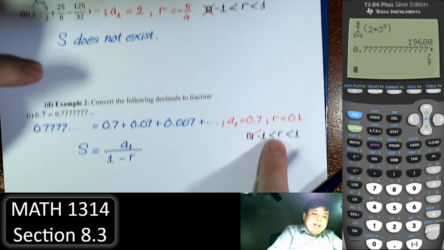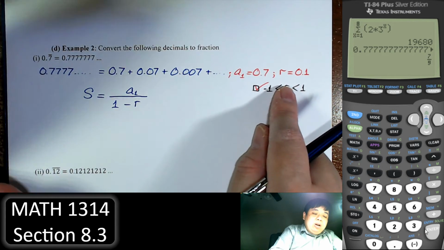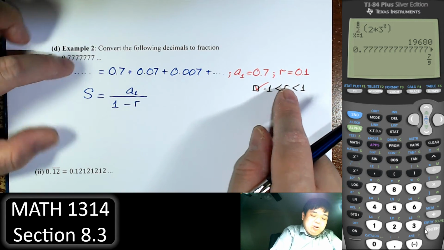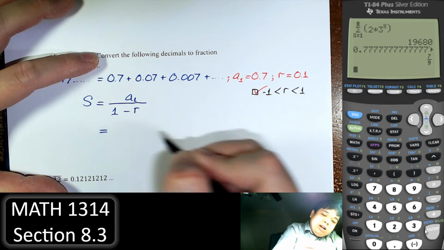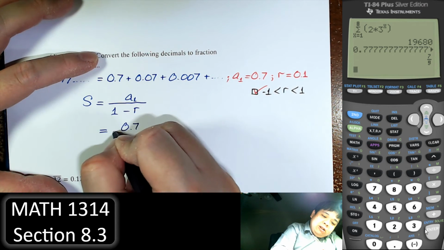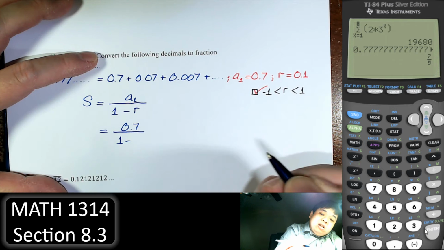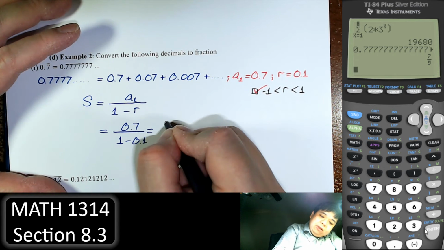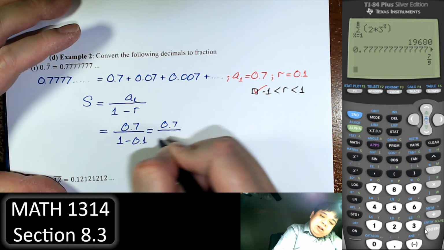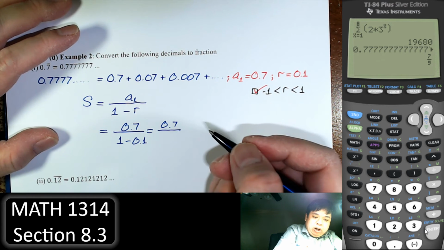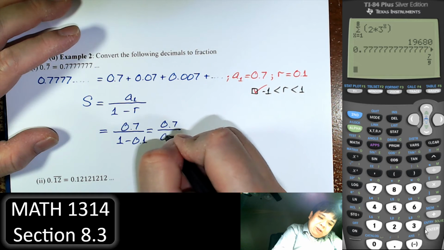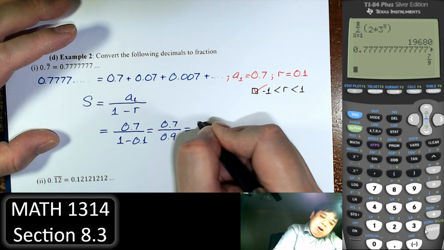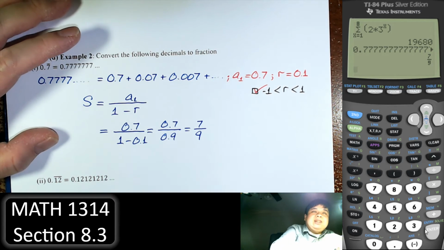If it is not, then it does not exist. The first term, 0.7, over 1 minus the common ratio, 1 minus 0.1, which is 0.9. Multiply top and bottom by 10, and we have 7 over 9.